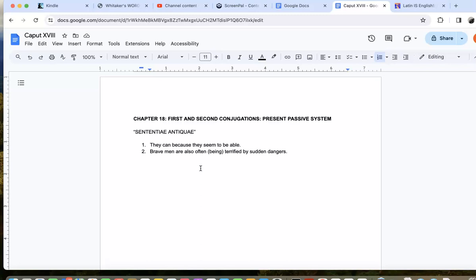Again, I would recommend that for learning a language. But if you were publishing it in sound English, you probably would have to leave it out because that would just seem too strange to native English speakers who would have no sense of the Latin. So brave men are also often being terrified by sudden dangers.